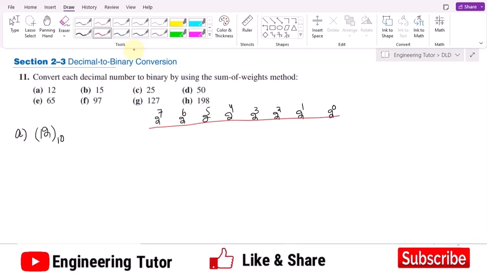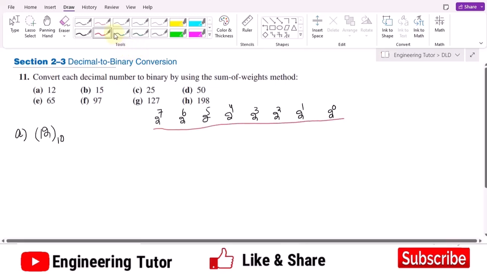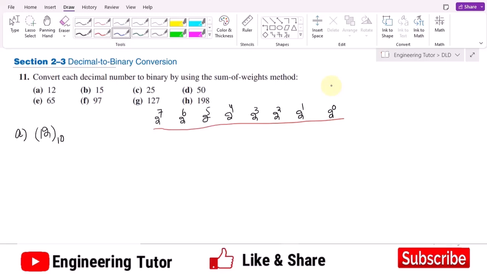If I calculate their values, the value of 2 to the power 0 is 1, this is 2, this is 4, this is 8, 16, 32, 64, and 128.